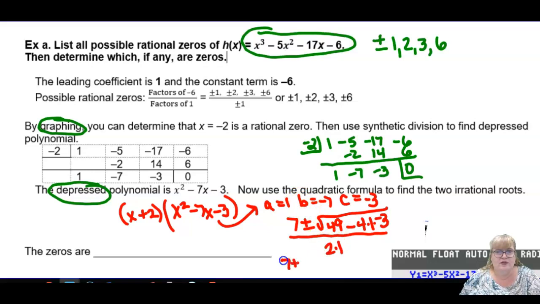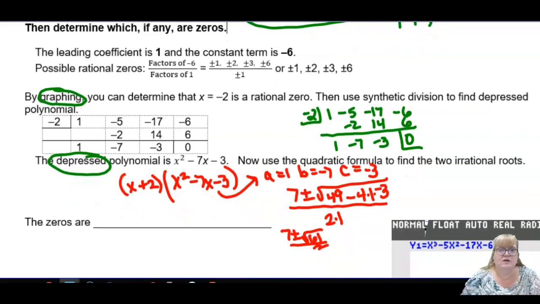So we have 7 plus or minus the square root of 49 plus 12, which would be 61, all over 2. So the zeros were at -2, and then 7 plus the square root of 61 divided by 2, and 7 minus the square root of 61 divided by 2.